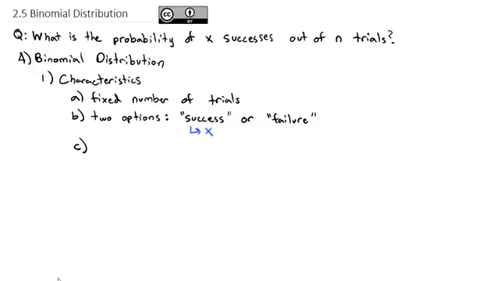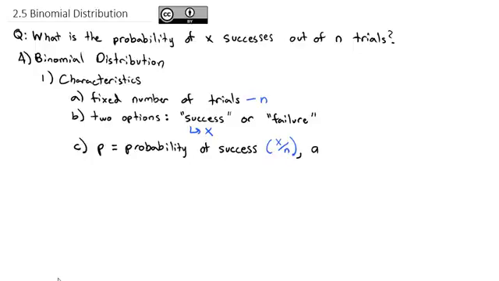With those two options of success and failure, we'll often talk about p, which is equal to the probability of a success. And if x is the number of successes, and we'll use n for the number of trials, x divided by n would be the probability of that success.